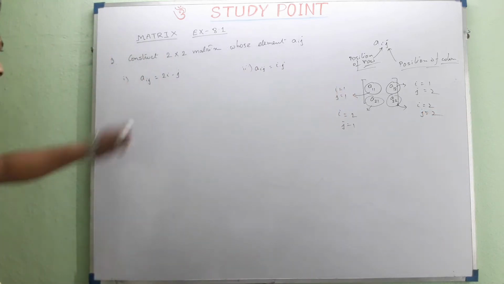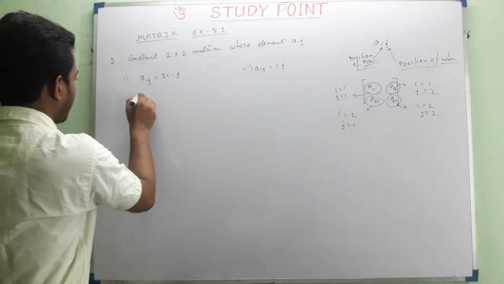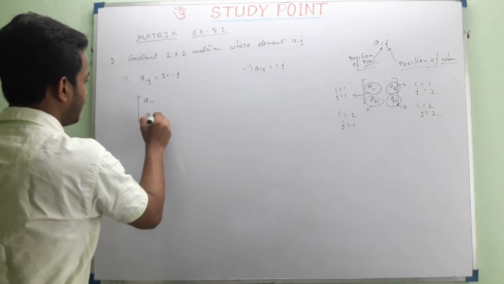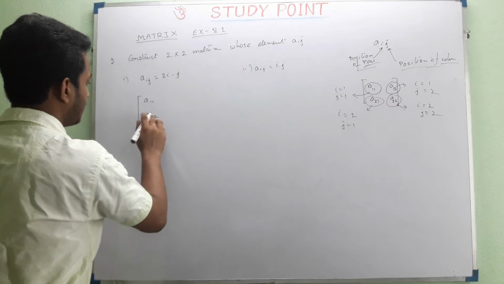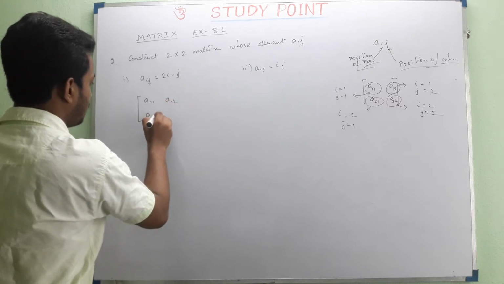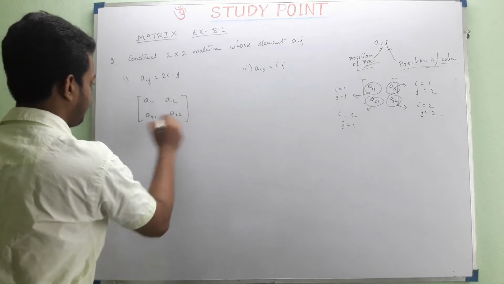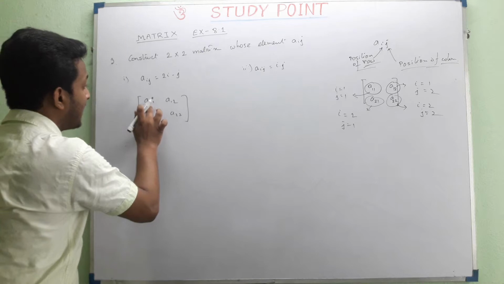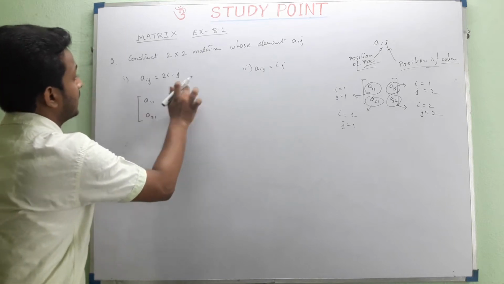Okay. Now by the same process, here it will be A11, A12, A21, A22. Now we have to put the value of I and J over here.